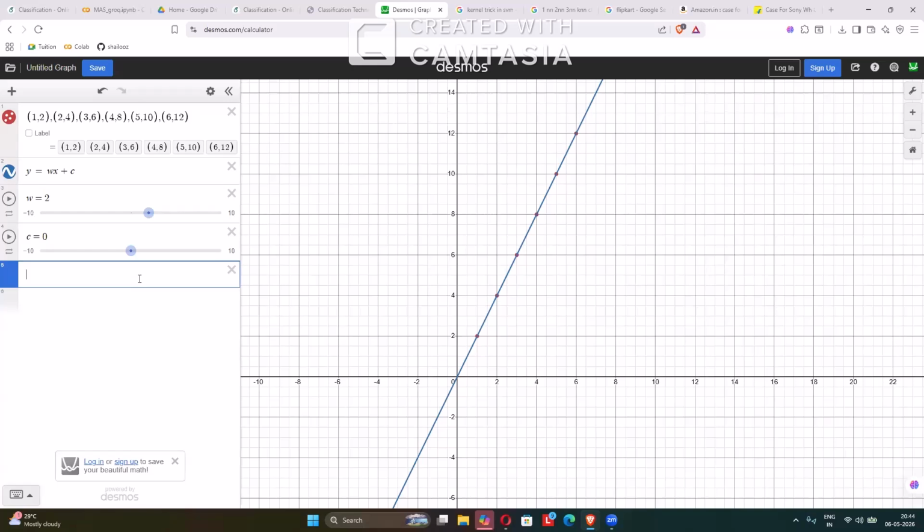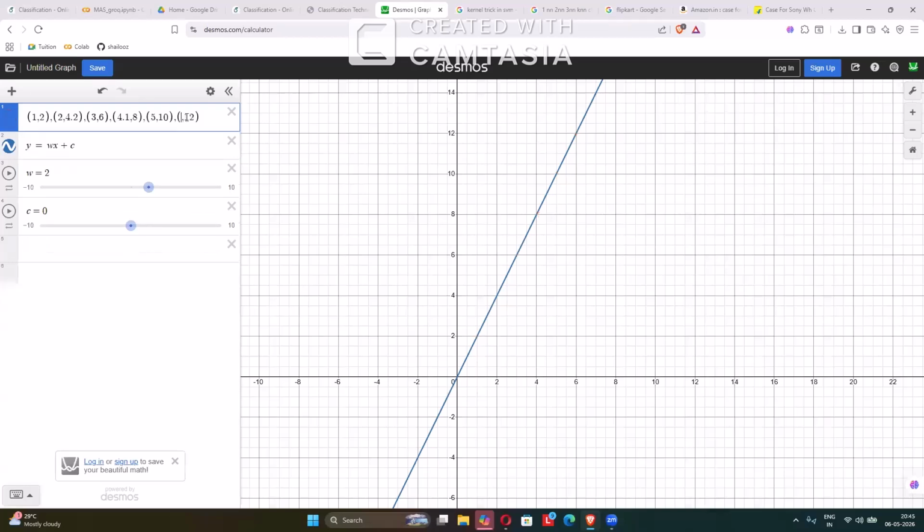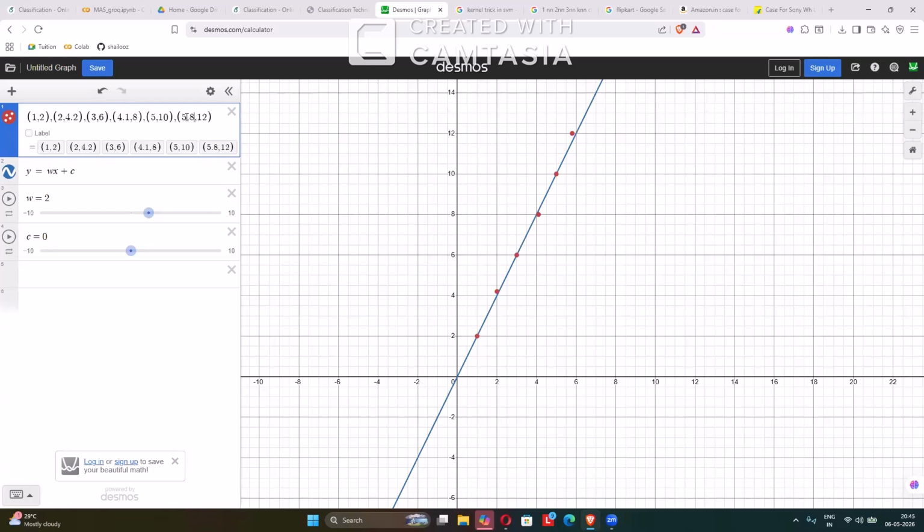For regression purposes, even if the data is slightly like 4.2, or 4.1, or 5.8, even if the data is like this, we can still reduce the error, right?